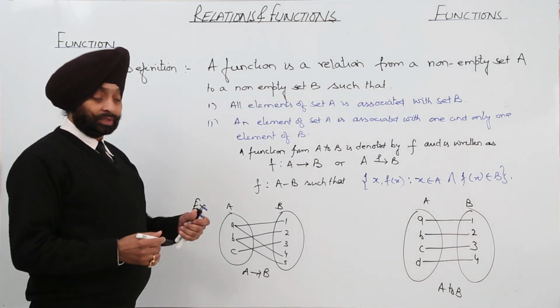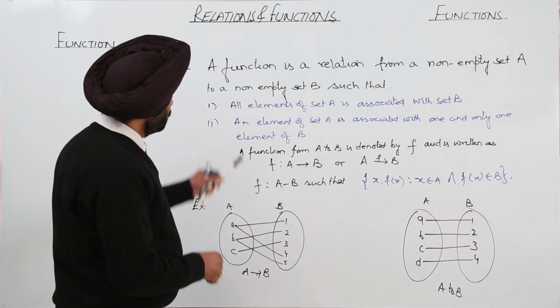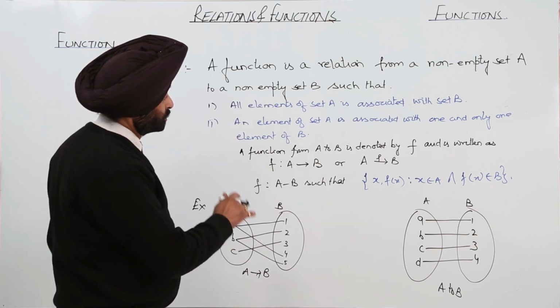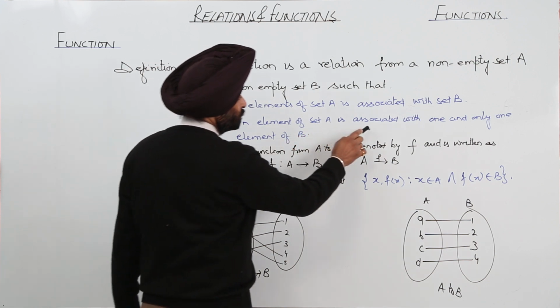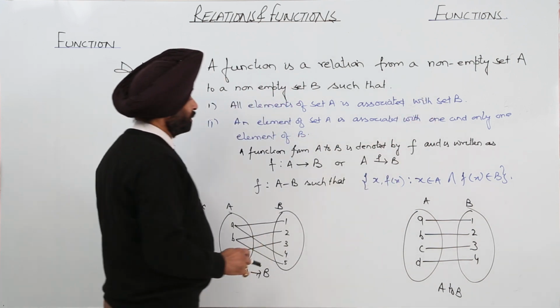Now just go for the definition part first. What we have, all elements of set A is associated with the set B. An element of set A is associated with one and only one element of B.